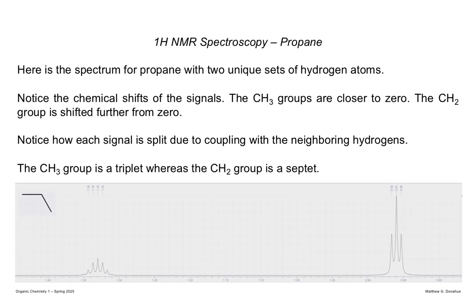So here's what it looks like. Here's your propane. And so now based off that analysis, we said the CH3 group should be a triplet. So the integration of that signal has to be 6.